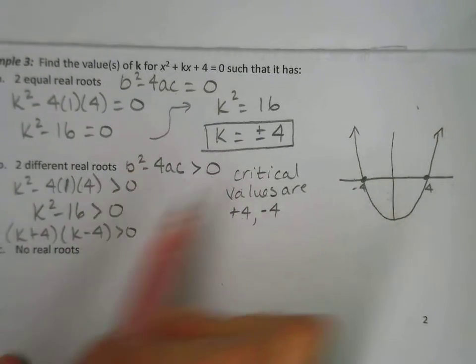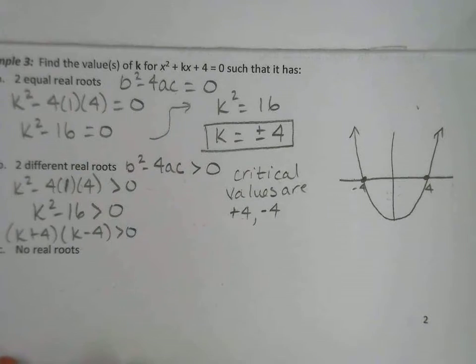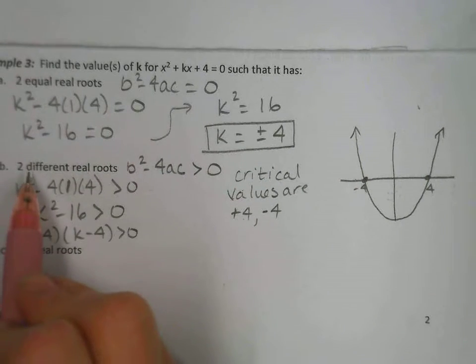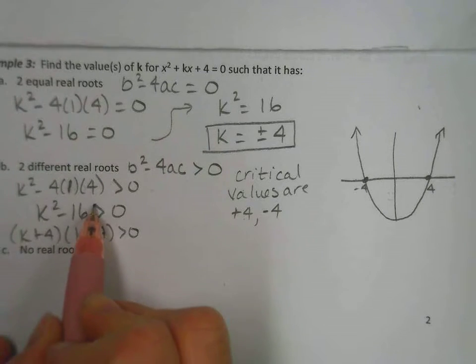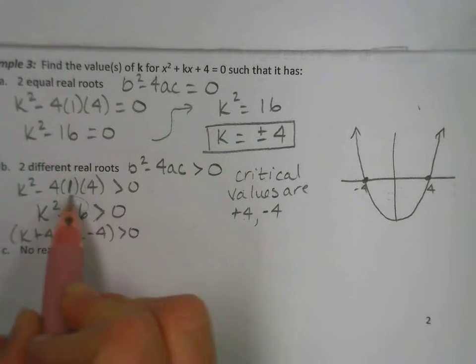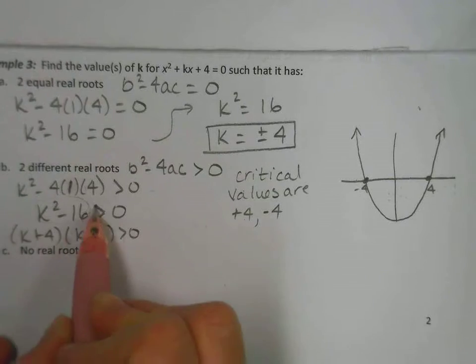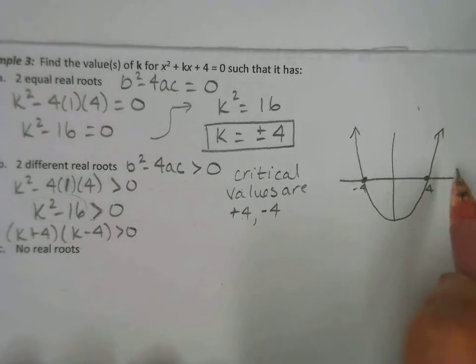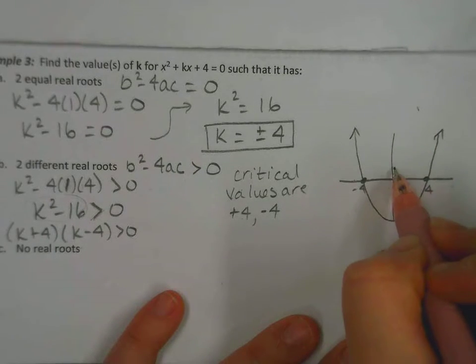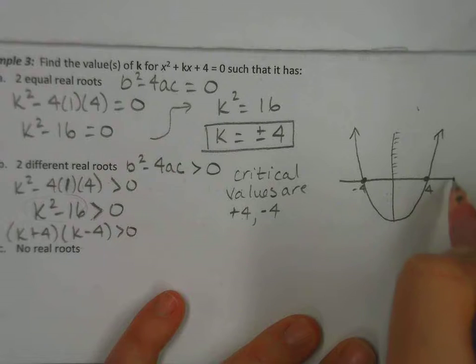Okay, so here's the sketch of this quadratic. Now what we're looking for on this graph is when this function is bigger than 0. When we talk about the function, we're talking about the y values. When are the y values larger than 0 on this graph? Well, it's everything above the x-axis.